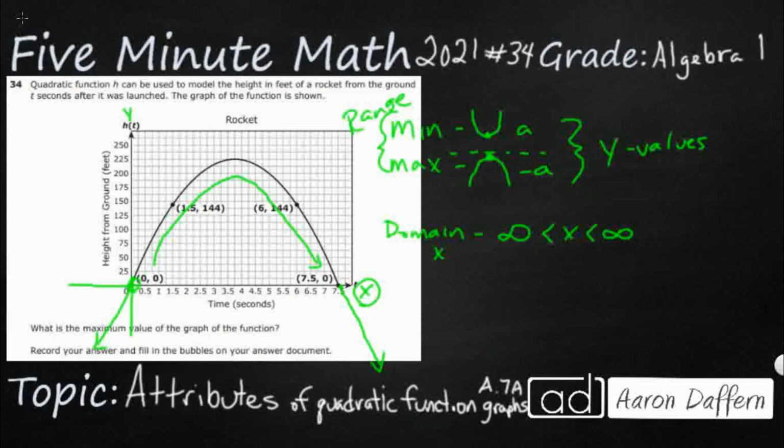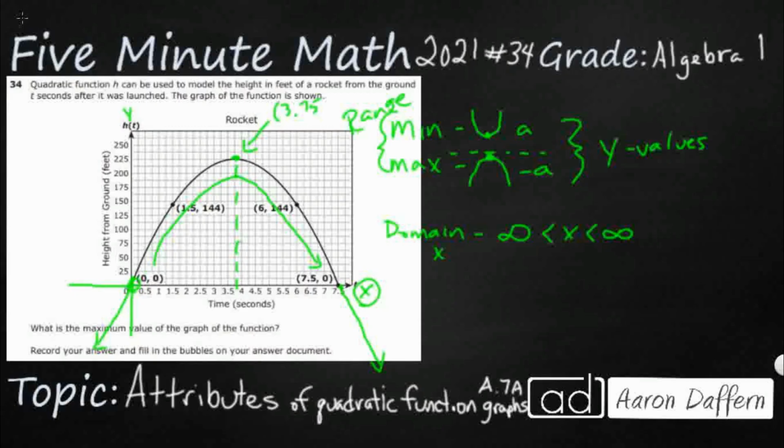And we're actually just looking at what is that maximum value right up there. So it looks like that's my vertex right there. And if we were looking for the x value, it looks like it's about 3.75. So if we want to write the vertex, we would say 3.75.